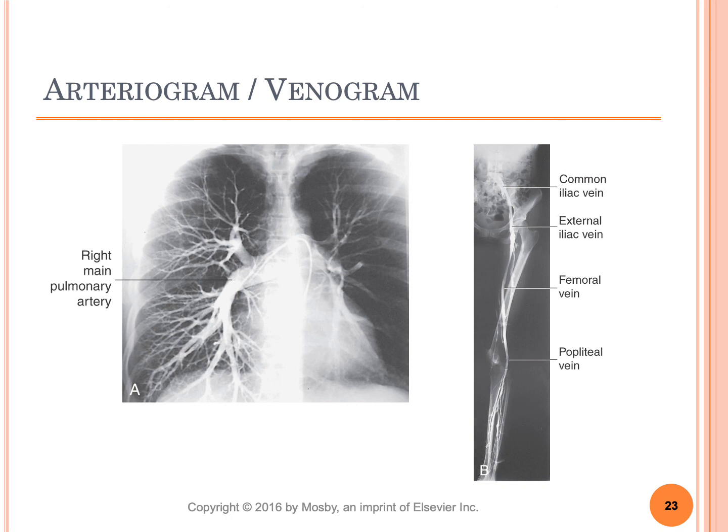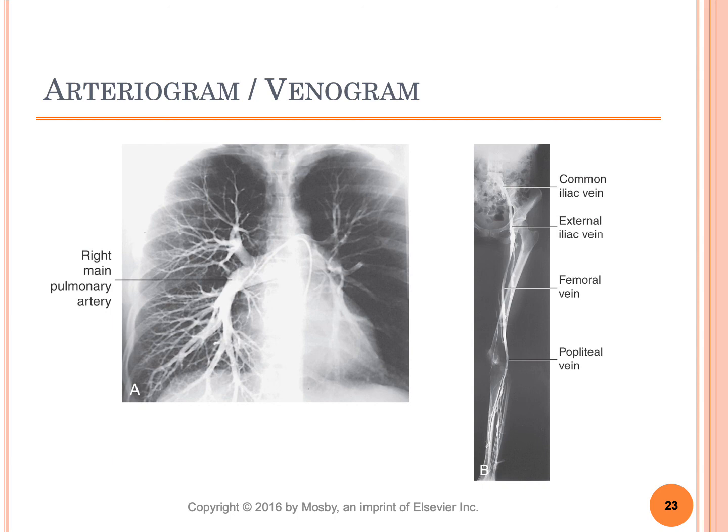Remember, a bifurcation is an upside down Y, and that bifurcation is the left and right common iliac arteries. Now, the vena cava does the same thing, but the vena cava carries blood back to the heart. So the bifurcation of the vena cava are called the iliac veins.